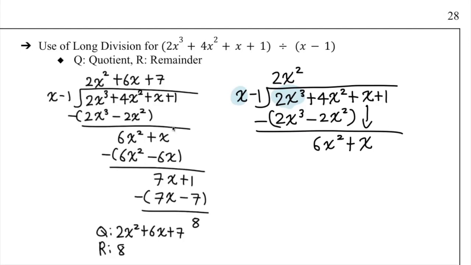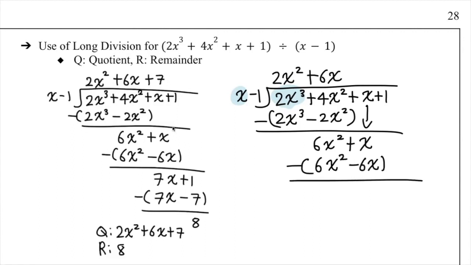So how many x's would fit into 6x squared? In other words, what would give us 6x squared when we multiply something by x? It's 6x. So if you multiply 6x and x minus 1, you get 6x squared minus 6x. If you subtract it just like the first procedure, you get 7x plus 1.